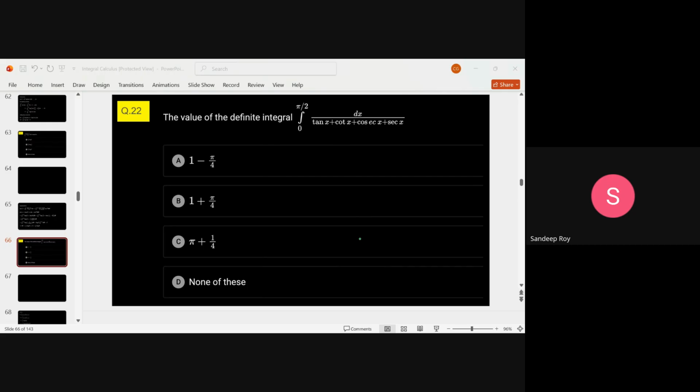So the hint for this question is for the denominator part: you convert everything into sine and cos form. Then take LCM and proceed.